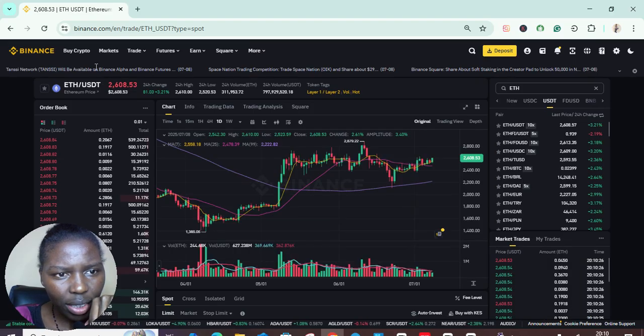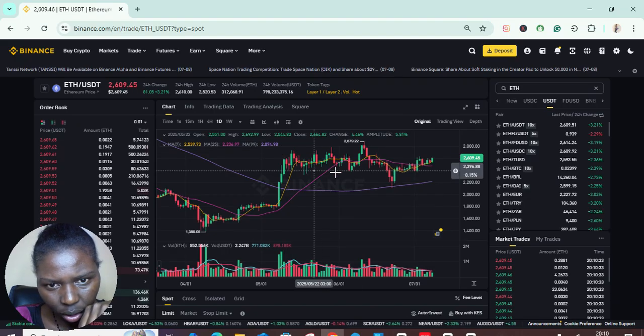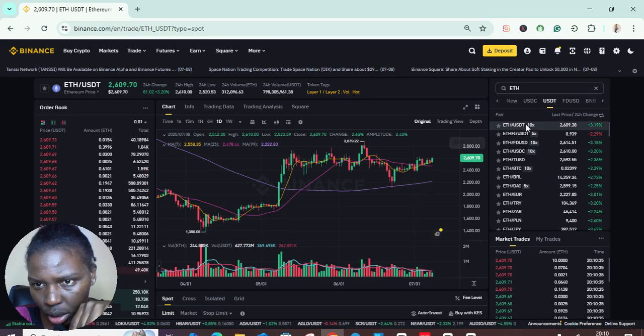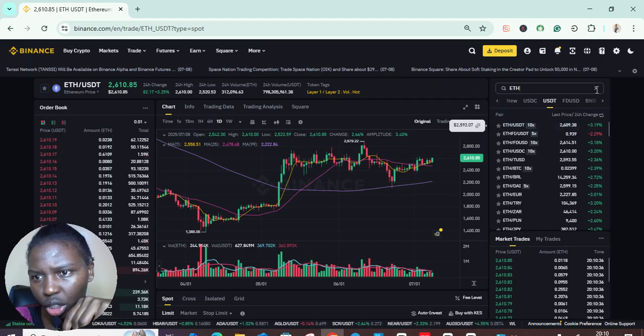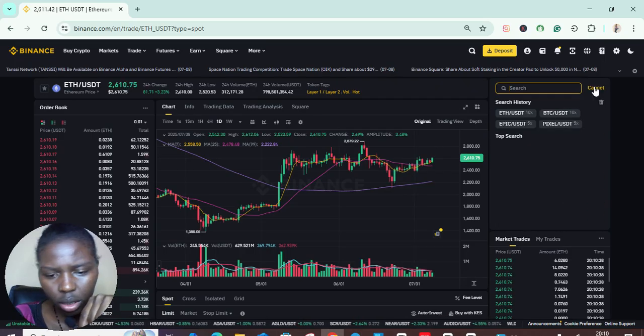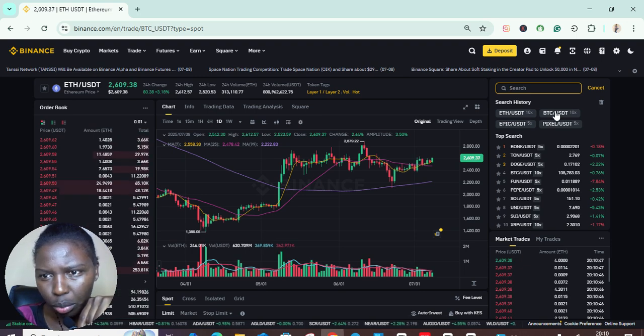Currently Ethereum is worth around $2,600. So that is the chart of Ethereum. Let's go back to Bitcoin, since that is what we are going to use for demonstration, because Bitcoin is more common and most traded.